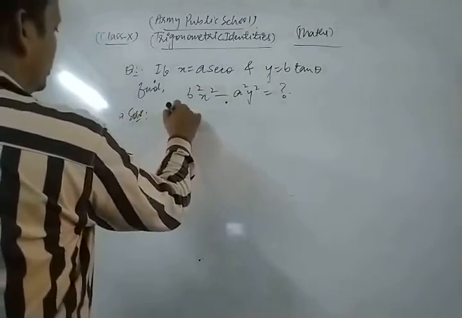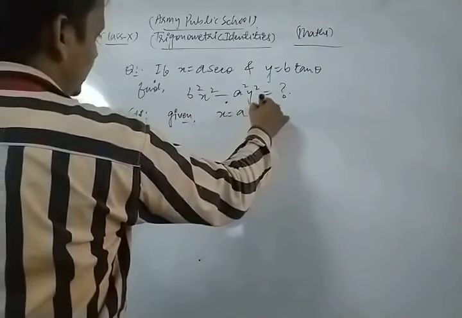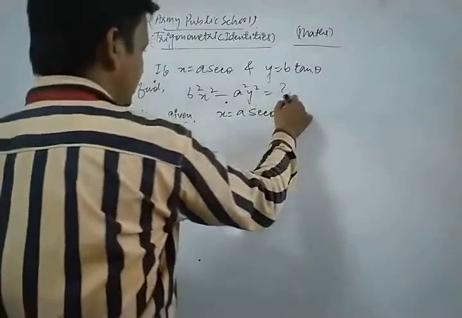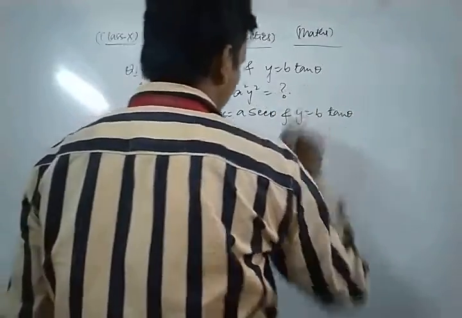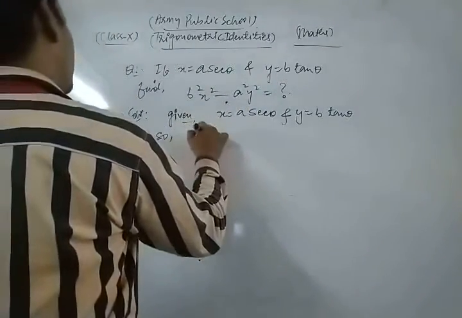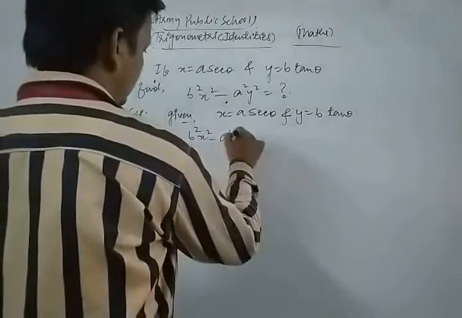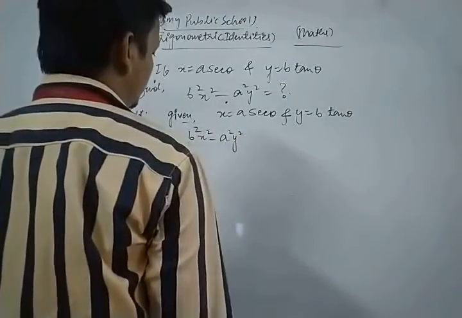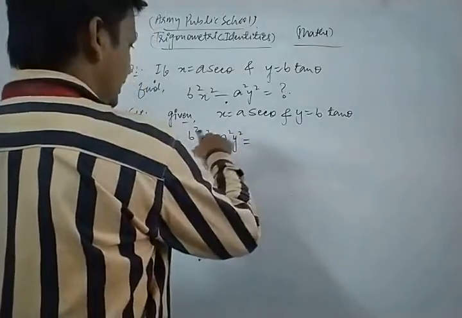So first of all, given that x is equal to a sec theta and y is equal to b tan theta. So the value of the expression b square x square minus a square y square, okay, is equal to, we put the value of x and y.